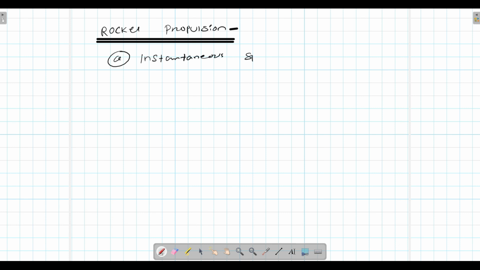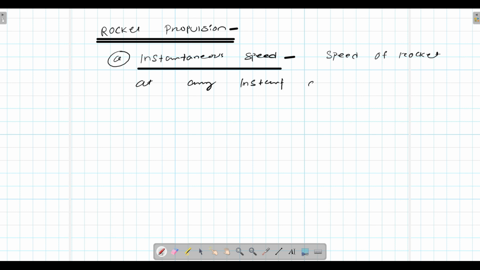Instantaneous speed says that it is the speed of rocket at any instant of time.